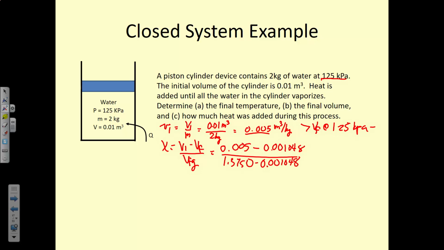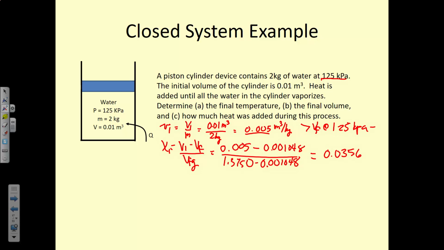That's meters cubed per kilogram on both of those. I'm leaving the units off just because it's hard to write with this pen. And so we find our X1 is equal to 0.0356, and it's unitless. So that's X1.